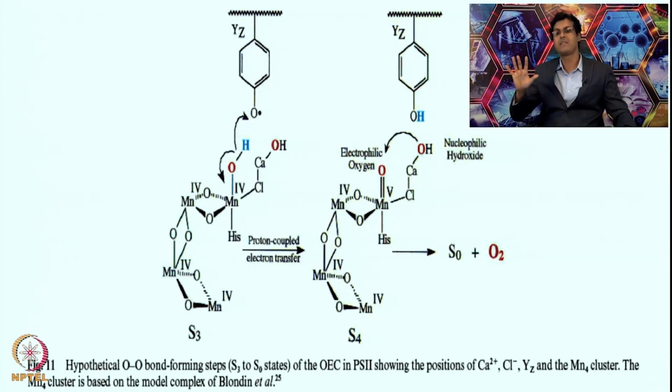So, once again, many different proposals exist in the literature for which we do not have a crystal clear idea. Although the crystal structure exists, the reliability of those crystal data can be questioned because of the X-ray damage of those crystal structures.